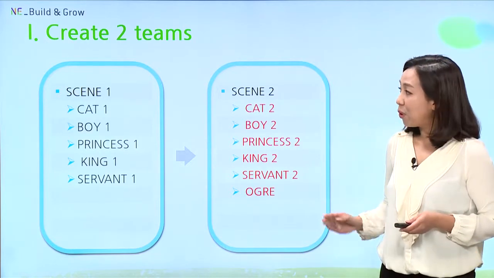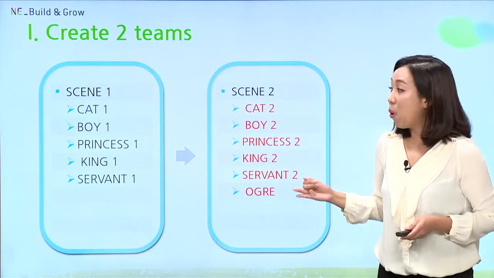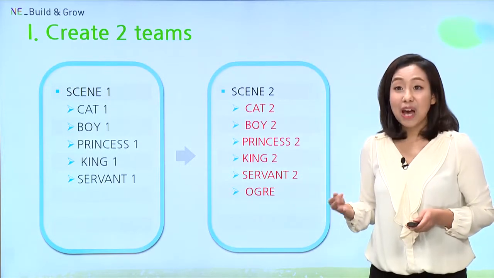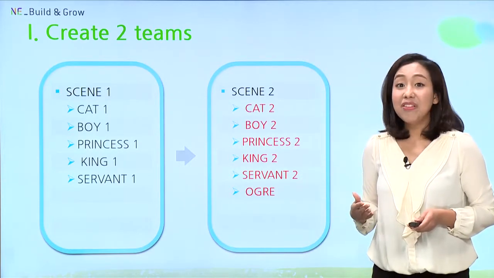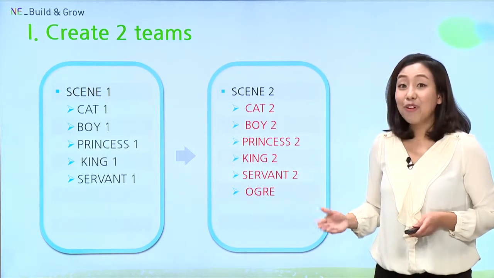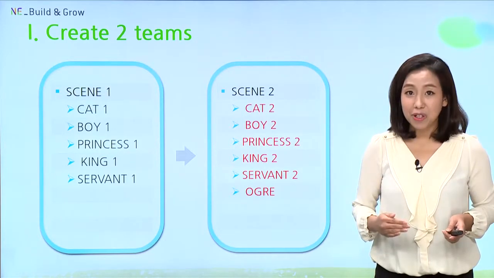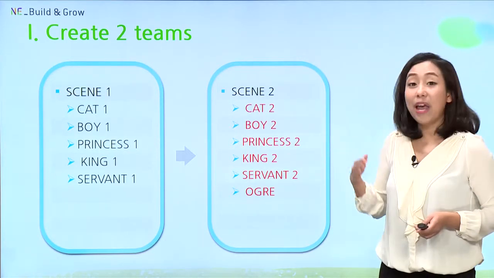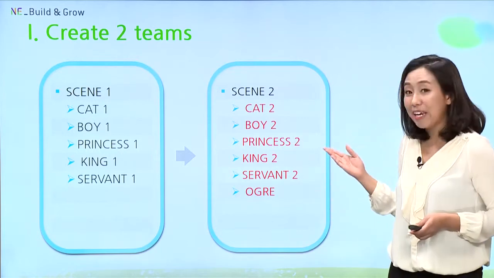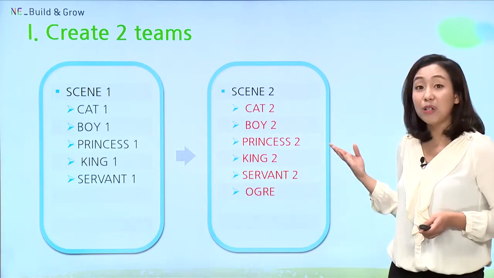So for example, in scene 1, you have a cat, you have a boy, you have a princess, you have a king, and you have a servant. Then you create 1 team for that. And for scene 2, you can have another person to play cat and another person to play boy, another person to play princess and king and servant and ogre.